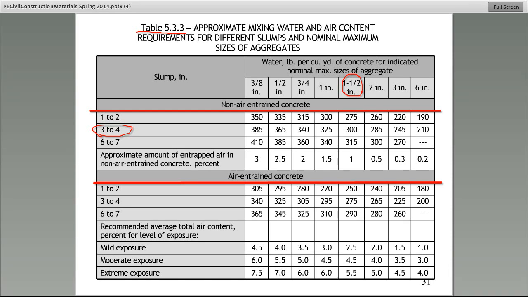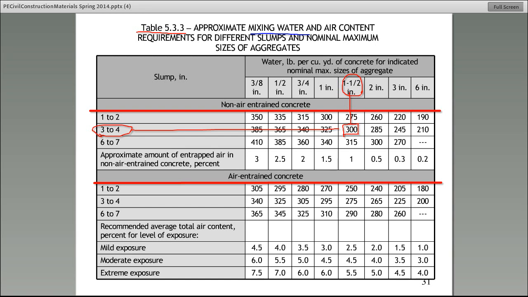Extend the horizontal line here, vertical, and this is the number that we read, 300. All right, so what we need in this case is 300. So 300, what is that? Read on the very top of this table. 300 is the mixing water, how much mixing water we need in pounds, 300 pounds. All right?